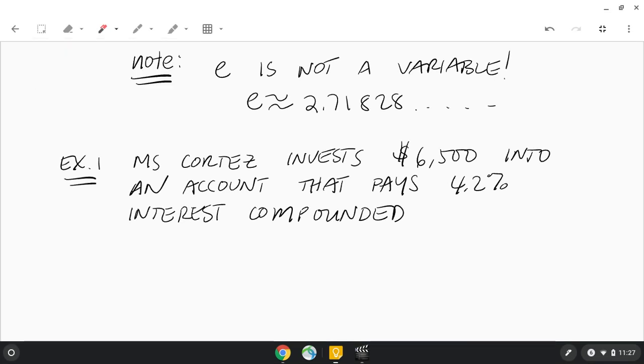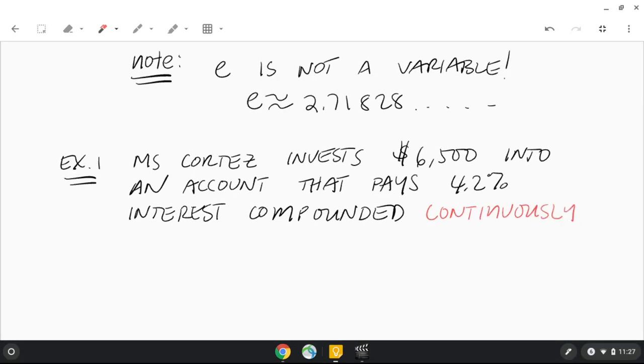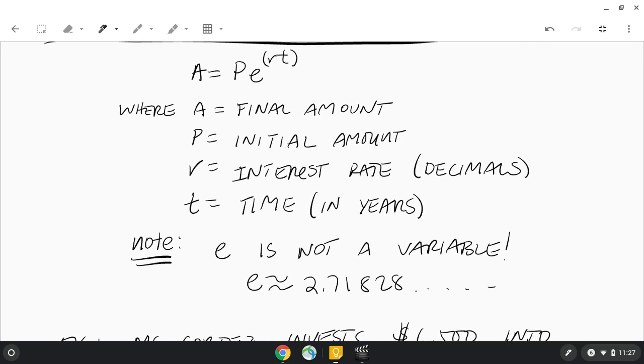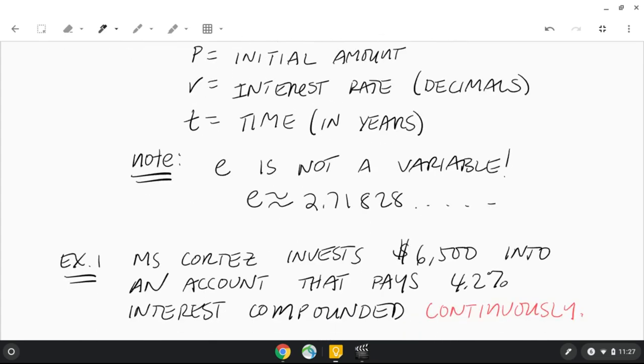This is your key word: compounded continuously. That key word, continuously, will be your cue to use this formula up here, P-E-R-T.